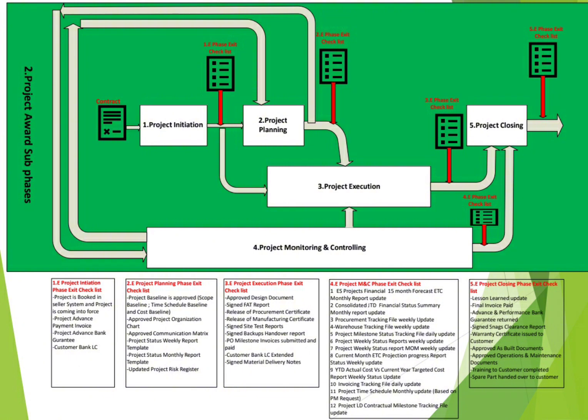Invoicing status, project time schedule update, LD. What is the status of the LD for this project? Did your customer raise that he is going to apply a penalty on you or not? All of these reports are output from the project monitoring and controlling.